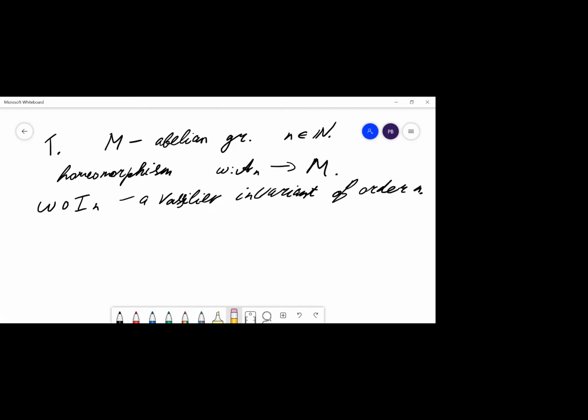So it contains not more information than the original diagram itself. Great. Okay, let's go on to the proof then.